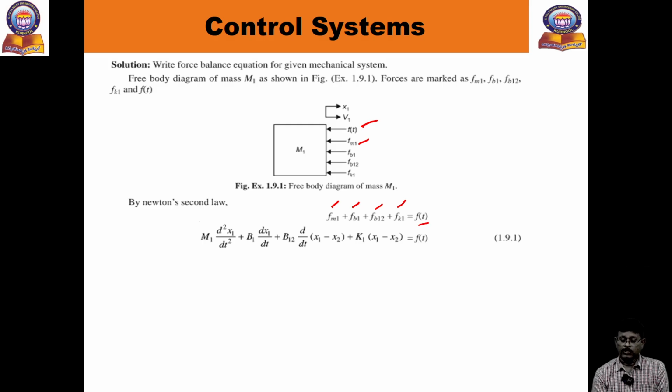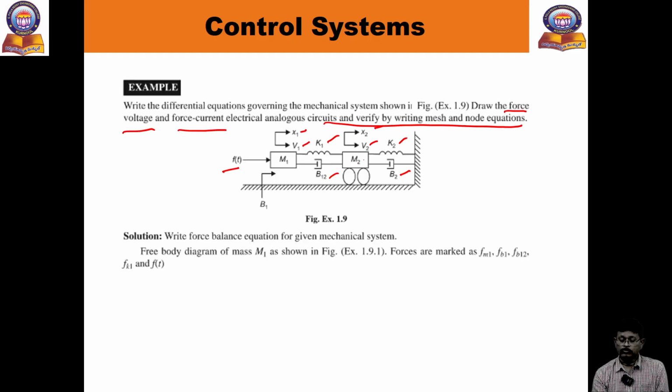Because of inertia, the weight of the mass gives m1 d square x1 by dt square, and you are writing in terms of displacement. Then b1 dx1 by dt, then b12 d by dt of (x1 minus x2). You can observe that b12 is between the two displacements x1 and x2.